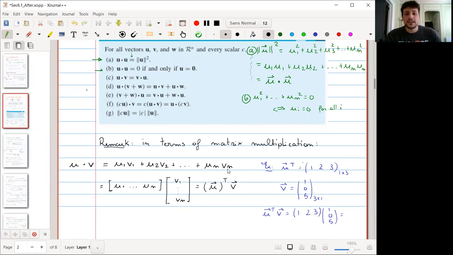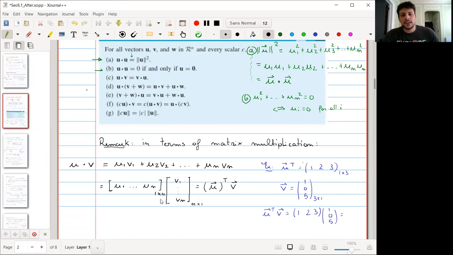I can write that as a matrix product between the matrix U1 all the way to UN. This is a 1 by n matrix, and the matrix given by the vector V, which is an n by 1 matrix, meaning, yeah, it's a vector.